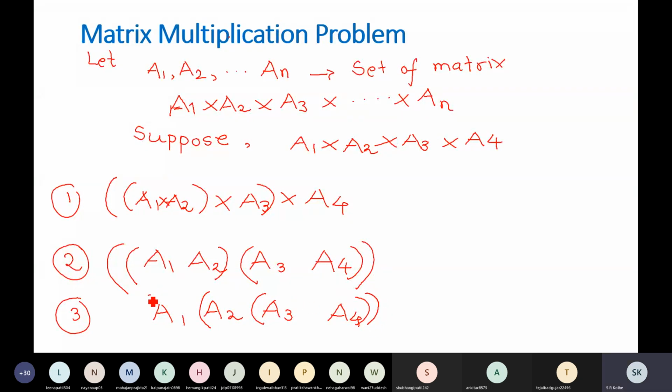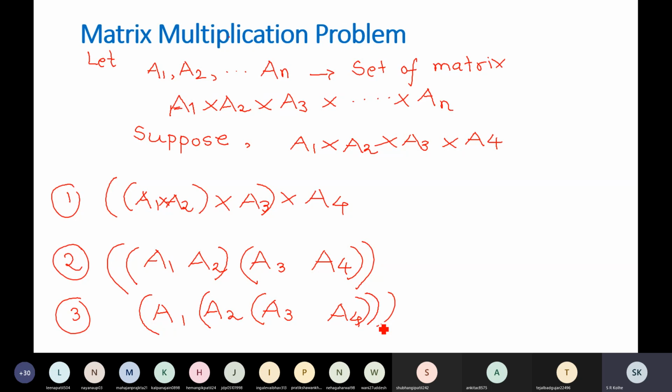Then A1 with the result of the multiplication of A2, A3, A4. So there are three different ways right now.